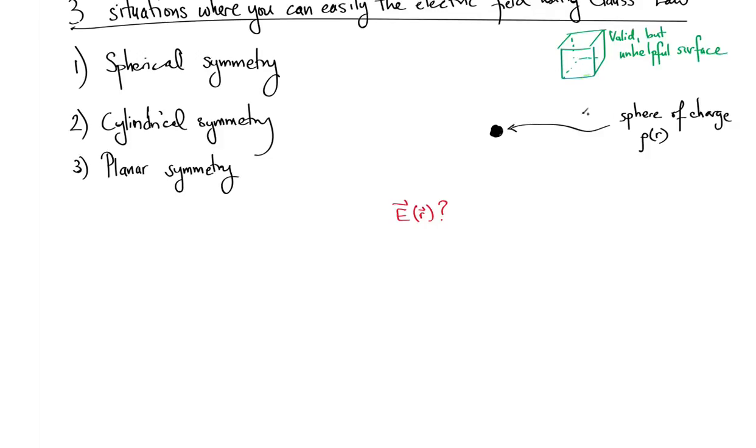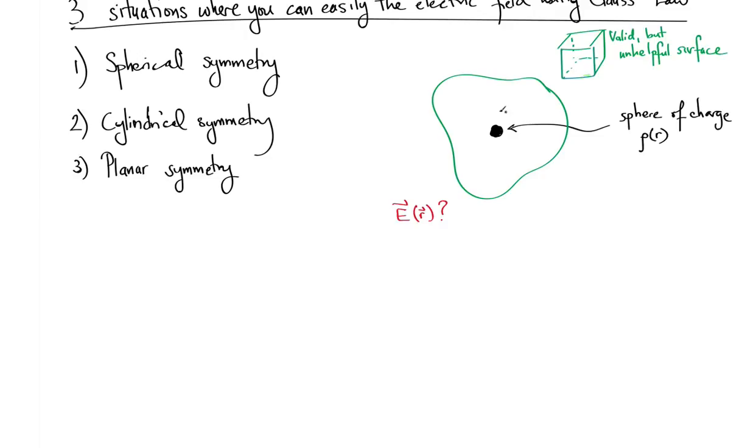So I will now enclose the charge distribution of interest, but I'll make it look something like this. And we know probably the electric field, because it's a sphere of charge, and the sphere is spherically symmetric in the sense that it doesn't depend on any direction that I look at it from.